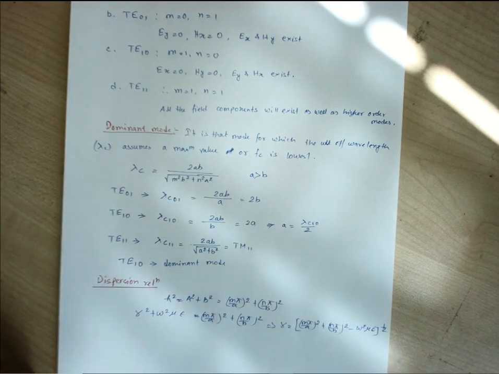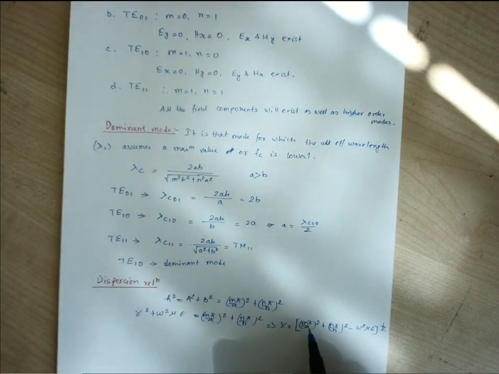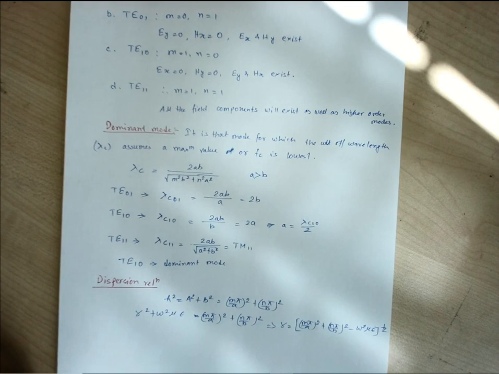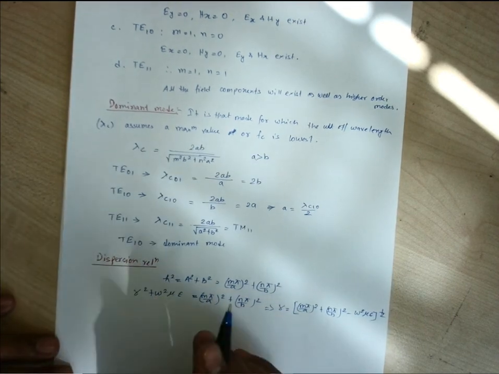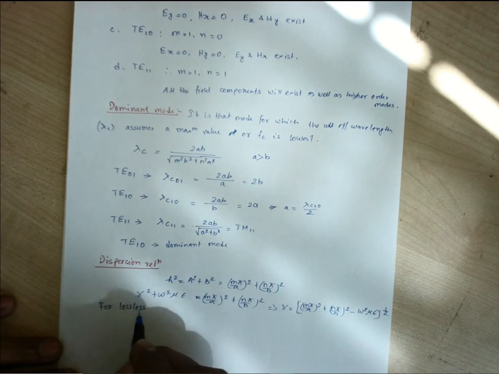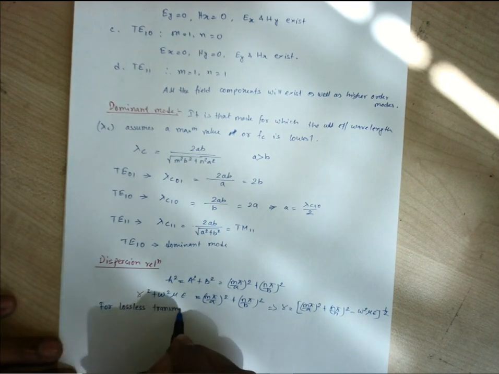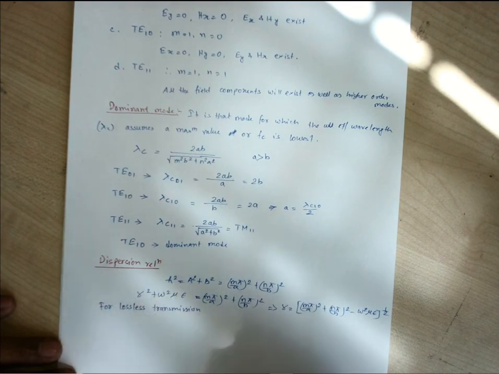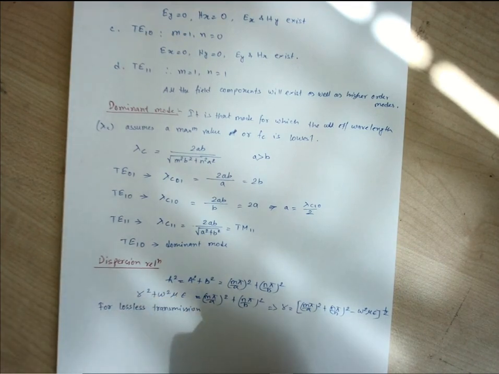So to have the propagation, this gamma should be an imaginary value. That is, out of alpha plus j beta, alpha should be 0. So how is it imaginary? If this omega square mu epsilon is greater than m pi by A whole square plus n pi by B whole square, that is, for lossless transmission, we need the beta value.